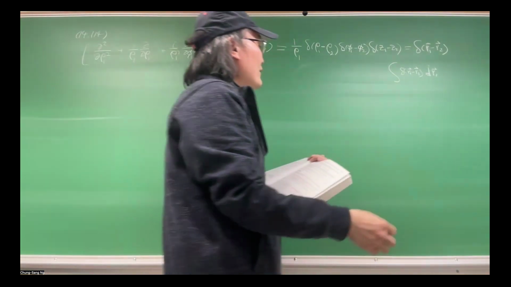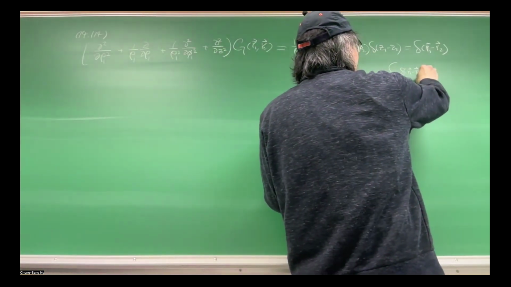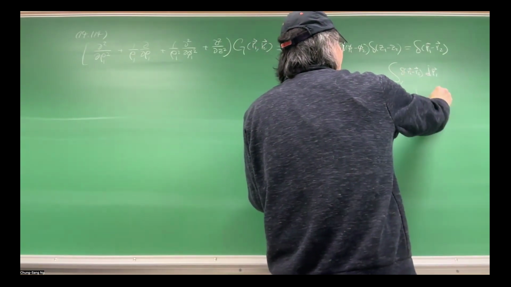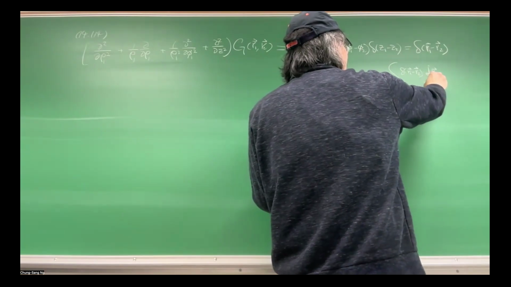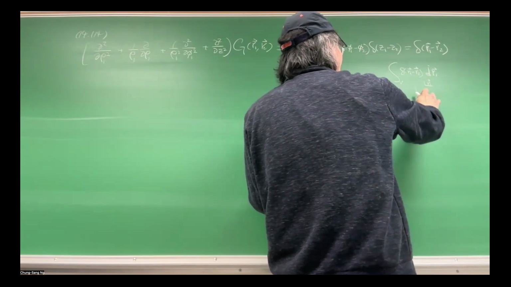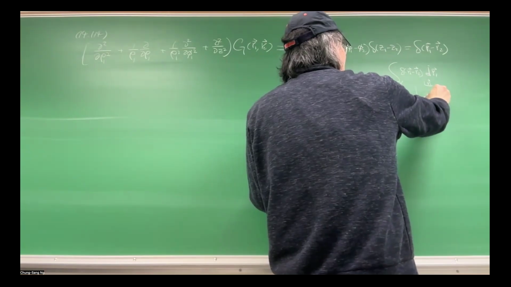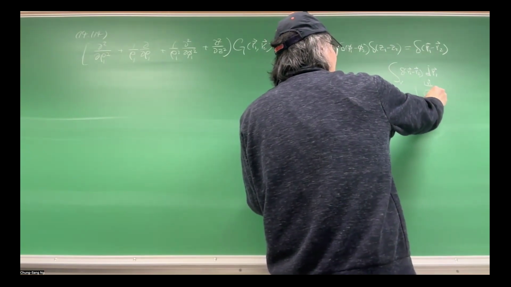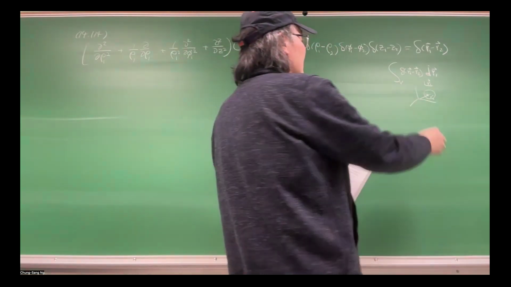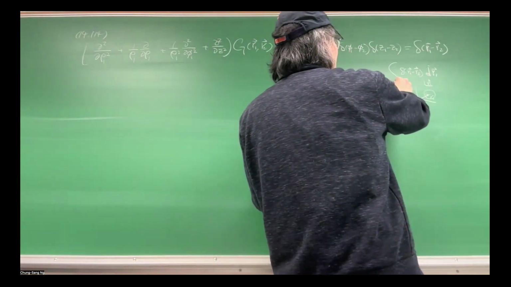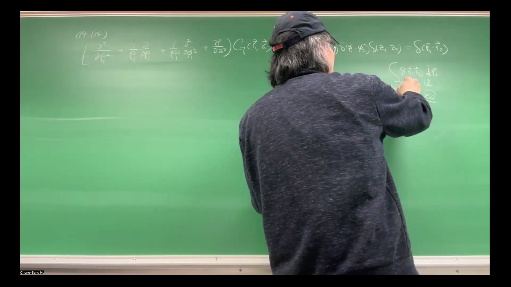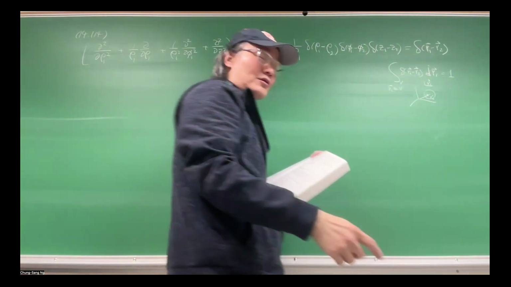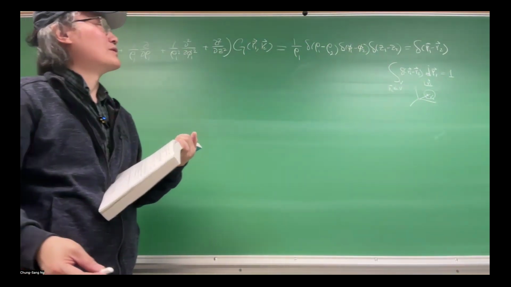If you have a volume, this is the R1 space, and you have a vector R2 here. If you have a volume that includes this point R2, then if R2 is inside V, this should be 1, and outside of it should be 0, right? That's the definition.